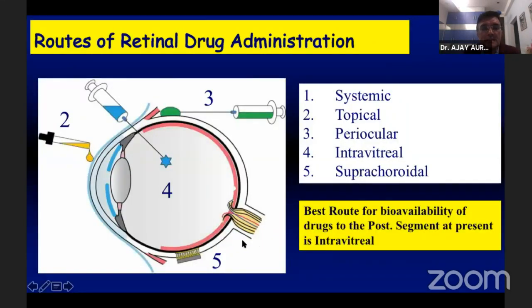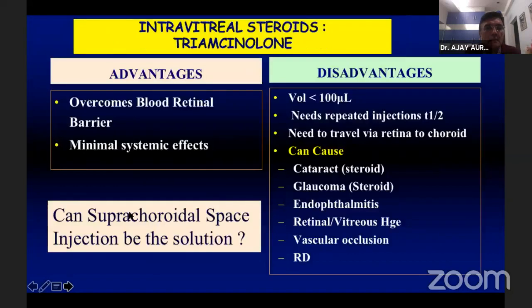So basically, one could give drugs to the eye by multiple techniques: systemically, topically, periocular, intravitreal, suprachoroidal. And the best route for bioavailability of the drugs to the posterior segment is intravitreal, because it overcomes the blood-retinal barrier with minimal systemic effects.